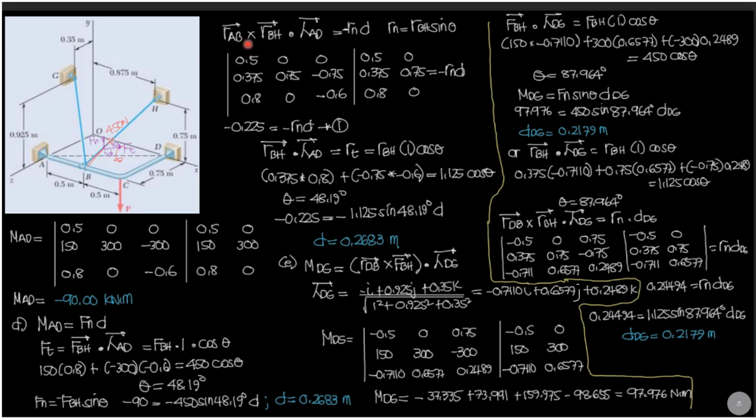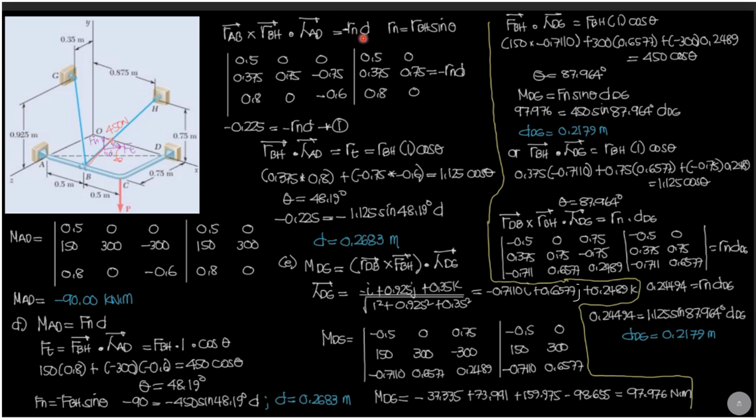Likewise, if we assume there's no force here, just purely perpendicular distance between the lines, then I will call RAB cross RBH dot lambda AD as the product of the normal component of distance BH and the perpendicular distance between the two axes.